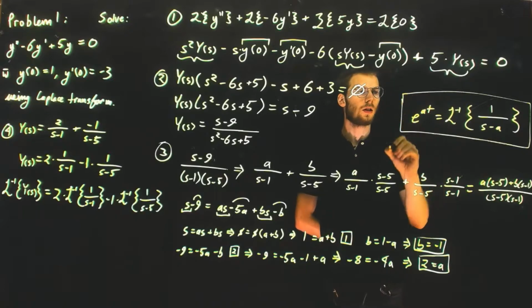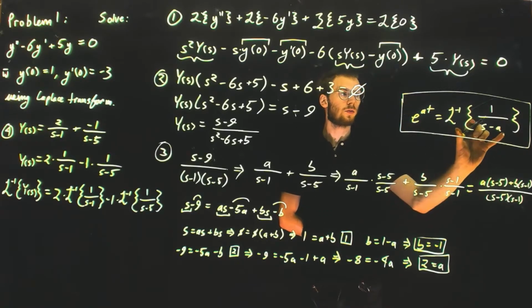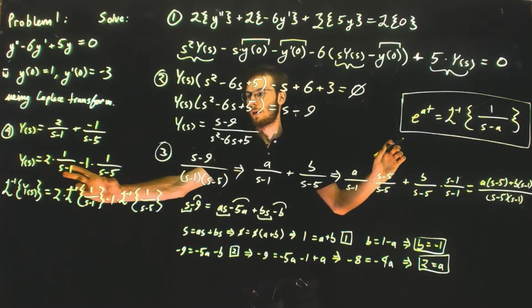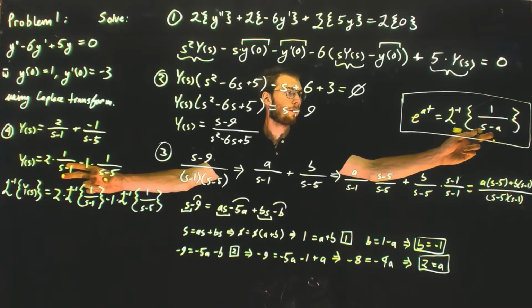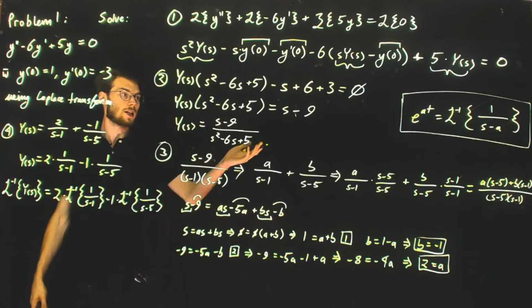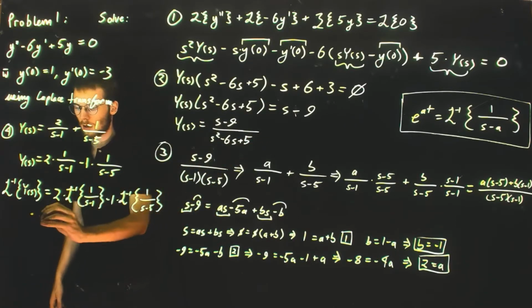So this is the important Laplace transform. This is the form that we have with our coefficients factored out. Both this term and this term follow that form, and so it's as easy as taking the variables and plugging them in where they need to be.